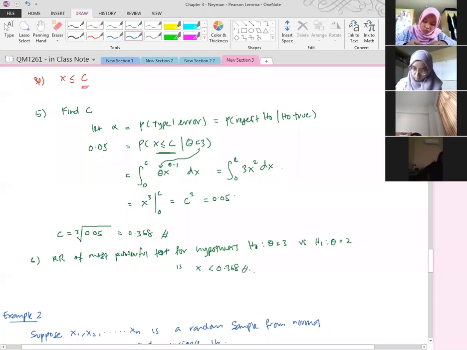So this is the critical region that we want to find. So far, are you okay?